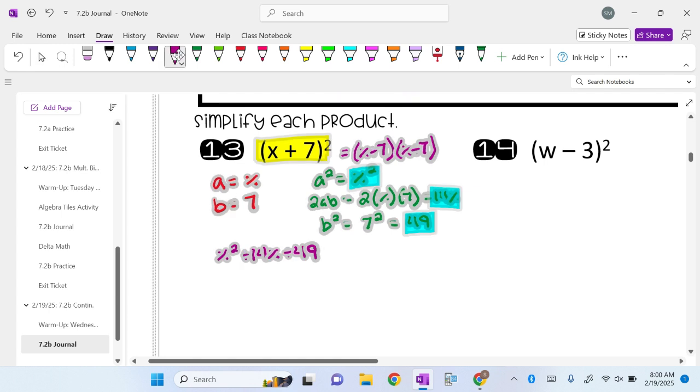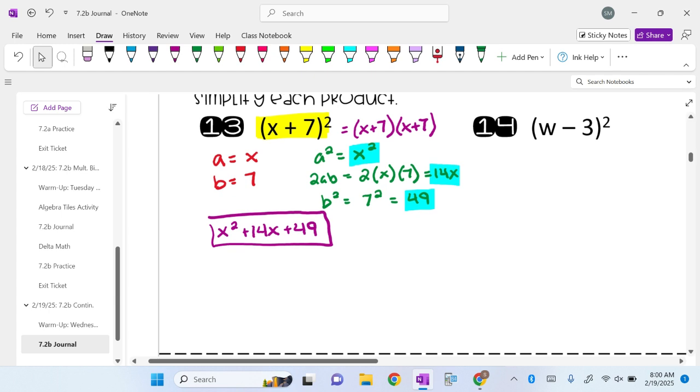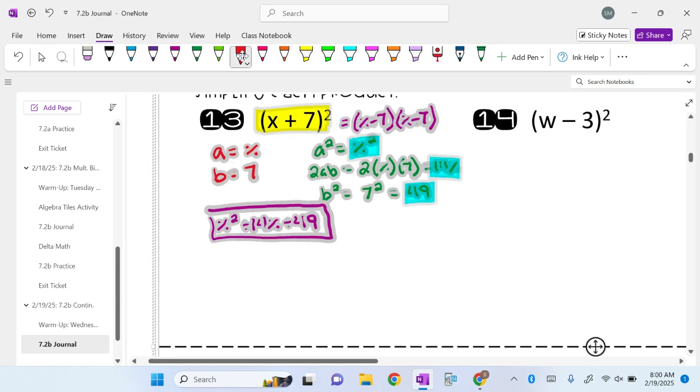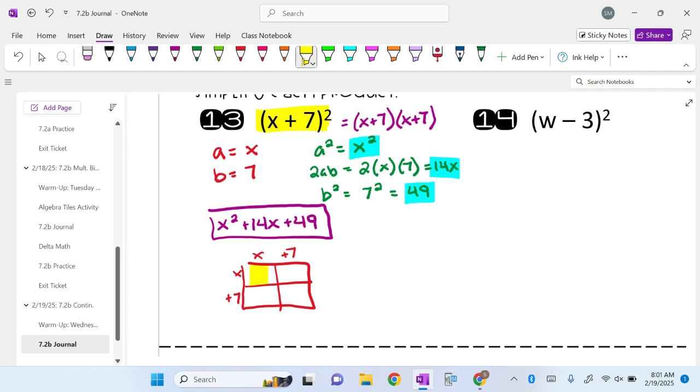Now, that's if we use the formula, but let's do a quick box method to check. So if I do a very quick box, it's a 2 by 2, because remember we're doing x plus 7 times x plus 7. I have x plus 7 on the top, x plus 7 on the side. So the first box here, what am I multiplying together?